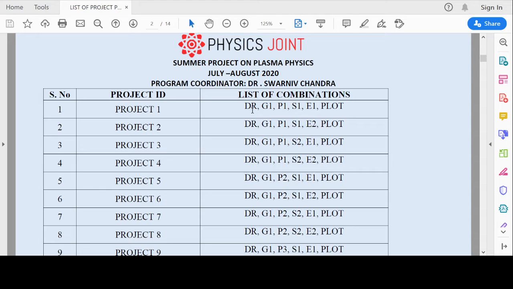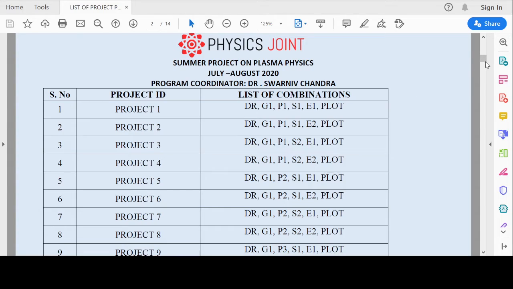So you see this DR, G1, P1, S1, E1, plot. That means you have to find the dispersion relation using the governing equations set G1 with perturbation expansion, stretching S1, and E1, which is the equation of state P1 and the perturbation expansion E1, and finally we get the equation in plot.